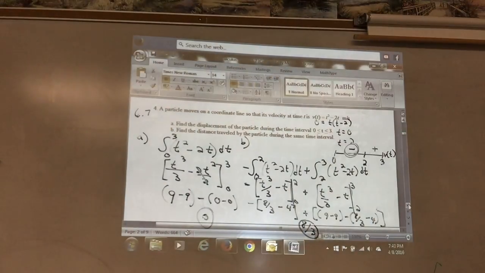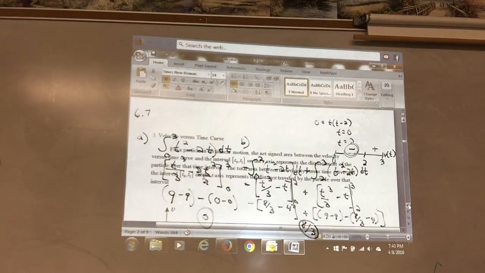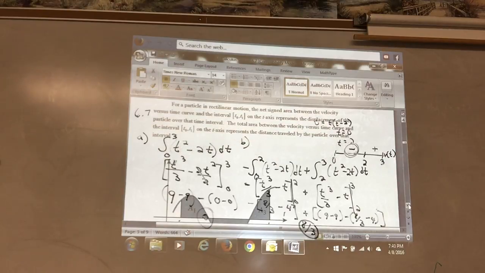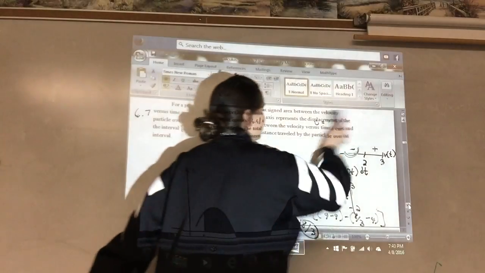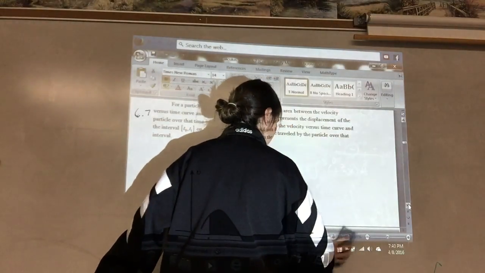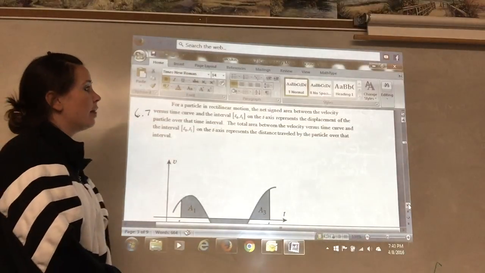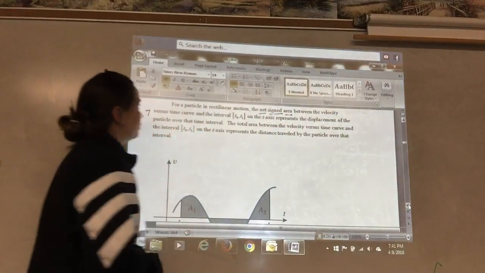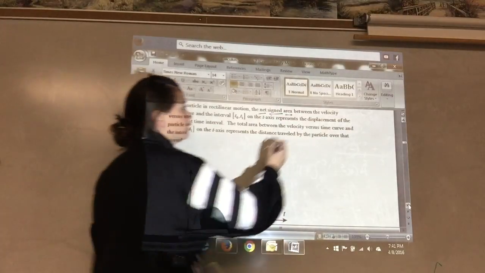At the bottom here, the velocity versus time curve. This is exactly what I just said to you, but we can read it again. It says, for a particle in rectilinear motion, the net signed area between the velocity versus time curve and the interval represents the displacement.